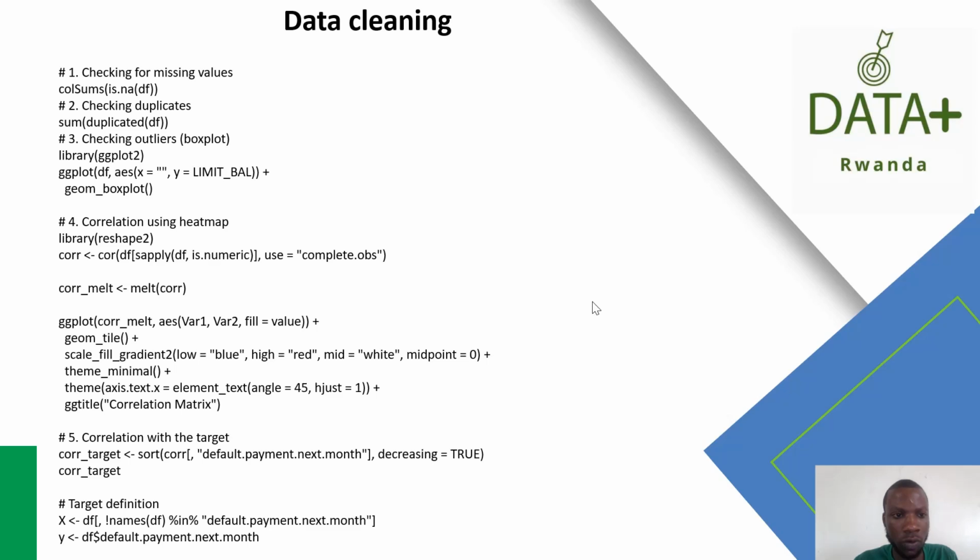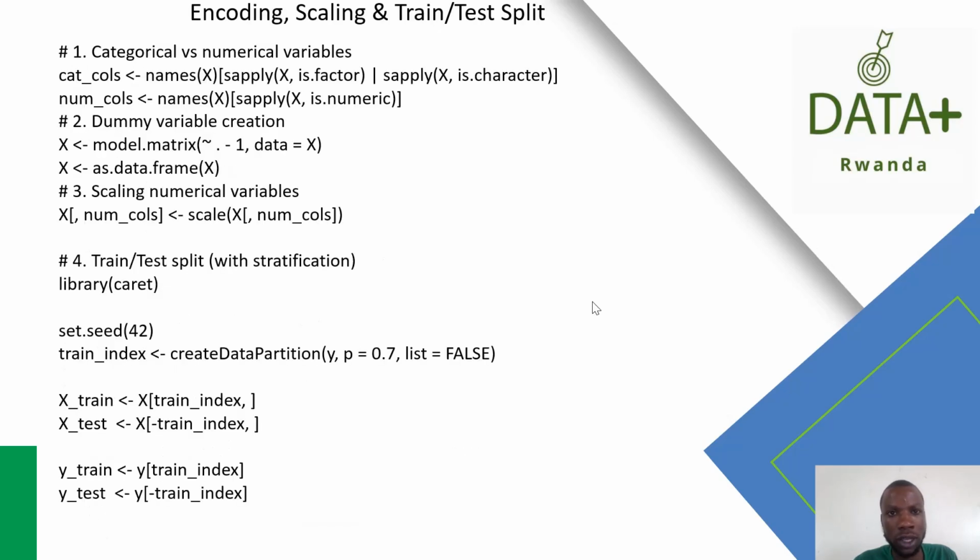I'm also looking for the correlation using a heatmap, especially for the numerical variables. If you try to run this code, I was looking for the correlation with the target variable, and after doing this, I was also looking at categorical versus numerical variables, and I have also encoded the necessary variables.